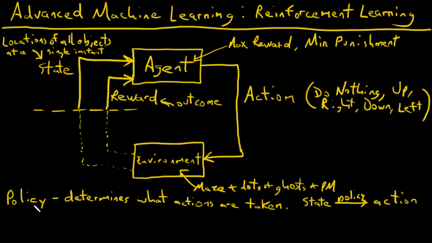But it could be a much more complicated policy, maybe one that looks at the placement of the ghosts on the board in relation to the Pac-Man. If 3 out of 4 ghosts are in the same quadrant as Pac-Man, Pac-Man starts heading towards one of the tunnels. So the policy is what sets the action. And what we're going to be looking at is a mathematical formula that can set the policy.